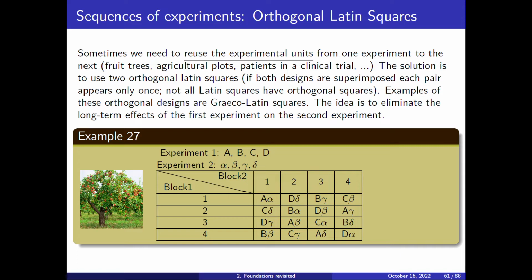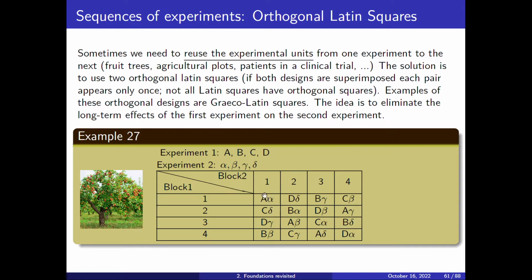So you have to make sure that the previous experiment does not interfere with the new one, so there is no carryover from the first experiment to the second. To do that, these Greco-Latin squares are very useful. If you look with attention, you see that every pair of experiment 1 and experiment 2 treatments appears only once.